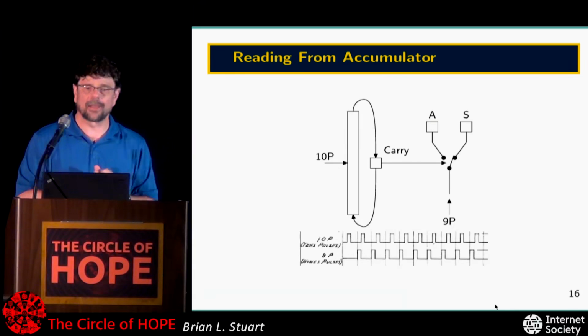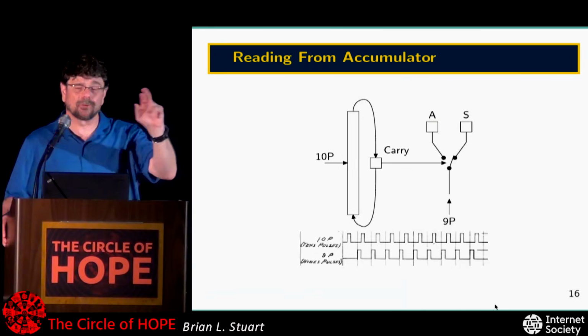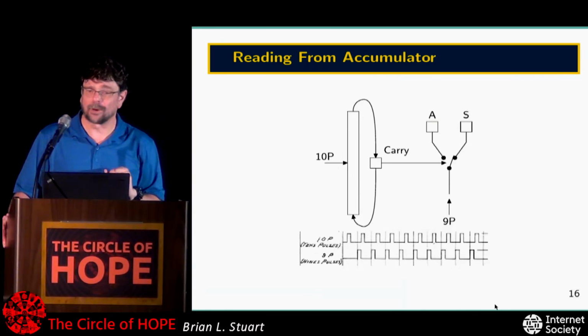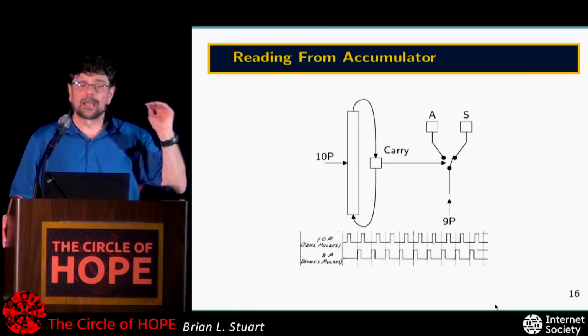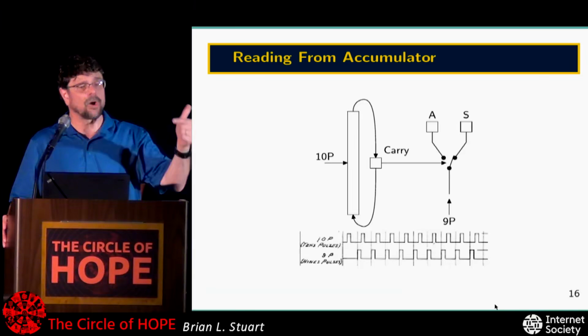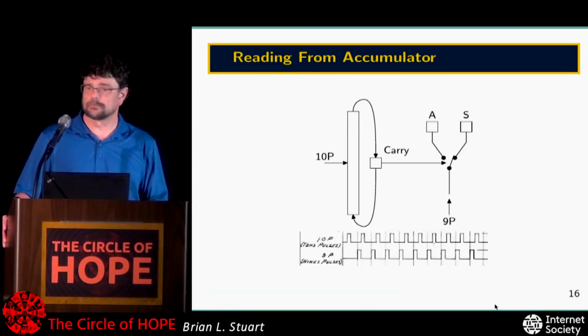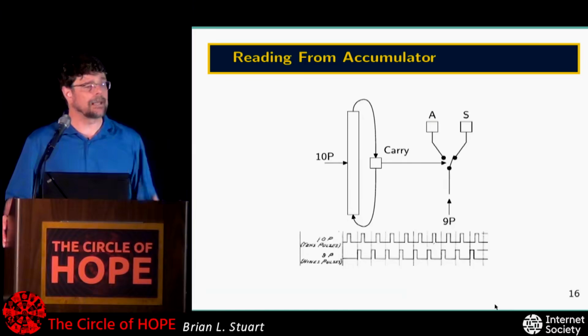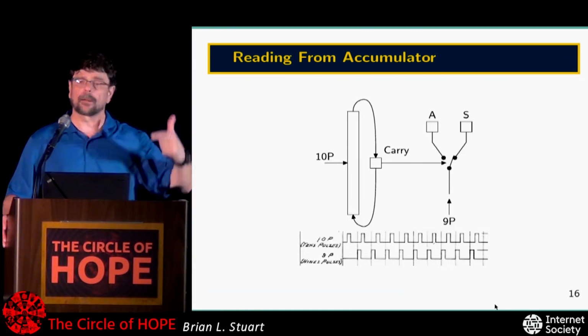I want to send some of them out the A and some of them out the S. Well, that turns out to be what those two lines that I said I'd come back to are all about. The first of those that you see on the bottom here has 10 pulses. That causes the counters to wrap around back to where they started. So when you're reading data out, you essentially give every digit 10 pulses. It goes all the way back around to where it started.